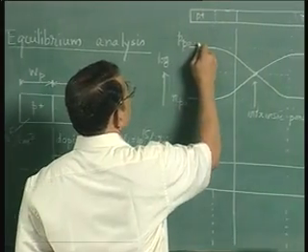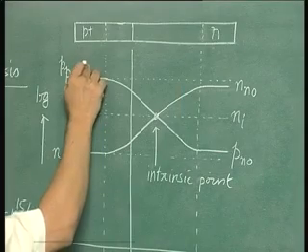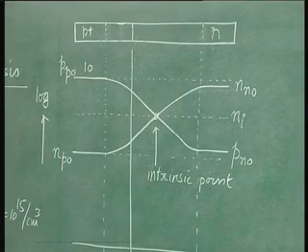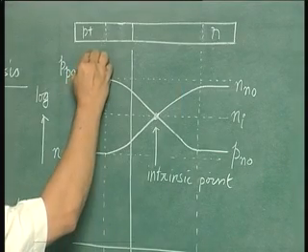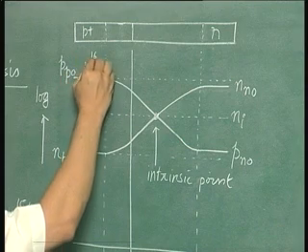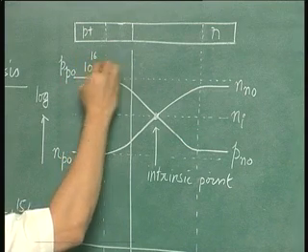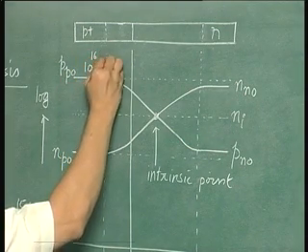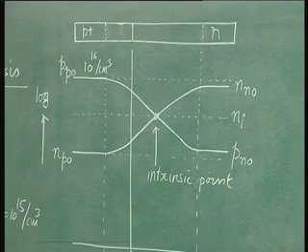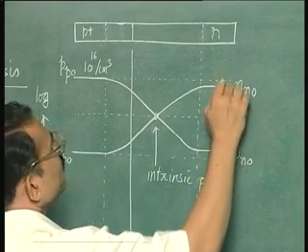Then this line is about 10 power 16 because we will assume complete ionization and neglect thermal generation. Majority carrier concentration is almost equal to doping level. So this is 10 power 16 per centimeter cube, and this is 10 power 15 per centimeter cube.